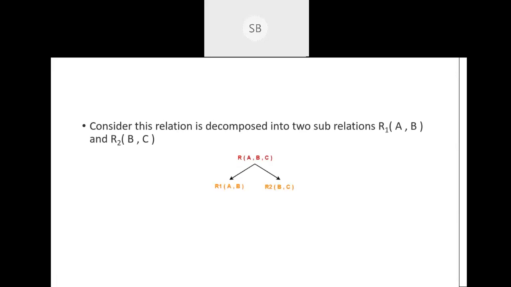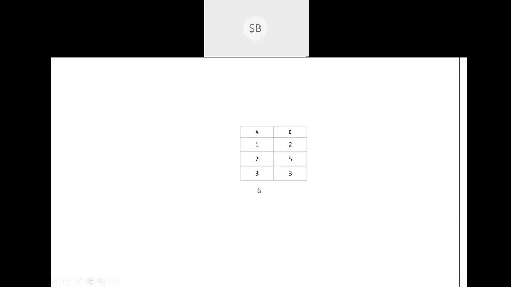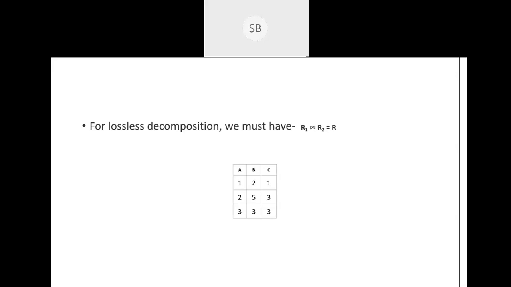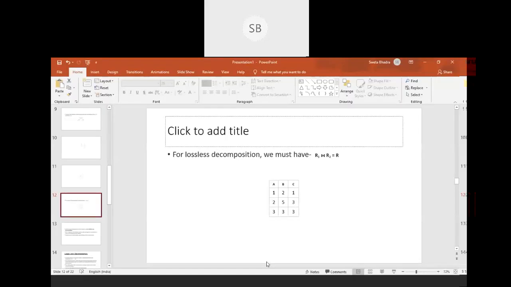Now if we want to join these two tables, with 1, 2, 2, 5, 3, 3, and 2, 1, 5, 3, 3, 3, and we combine these two tables, we will get the same table. You can do it yourself also. Okay, just wait, let me show you.